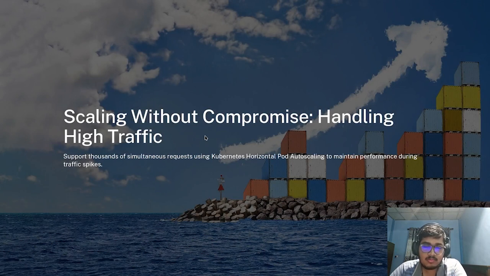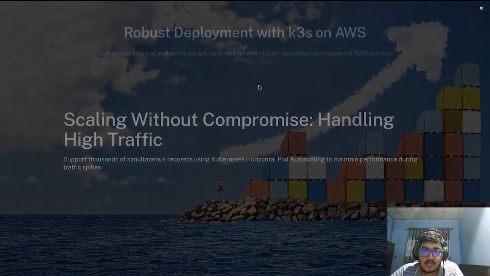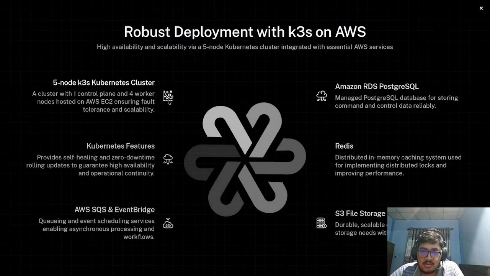Now we are going to move to the deployment section, where I'm going to show how we are handling thousands of simultaneous requests with Kubernetes HPA, and how we are managing the load. For the deployment, we are deploying everything in AWS, and we are using a 5-node K3s Kubernetes cluster.